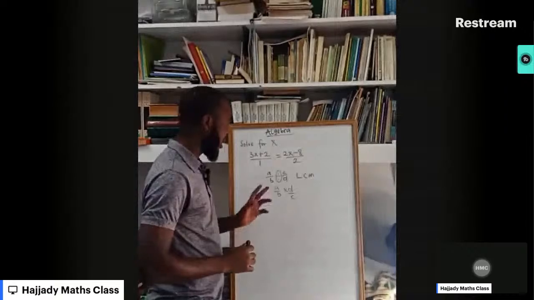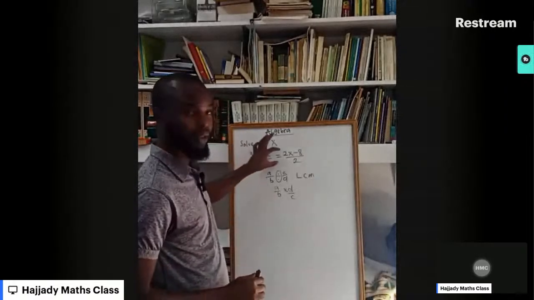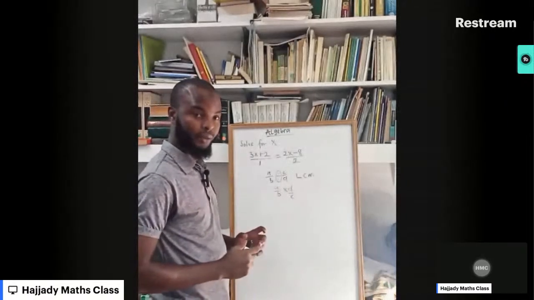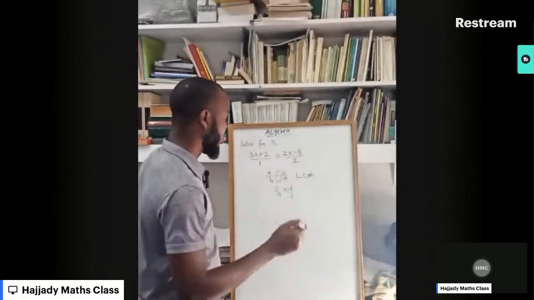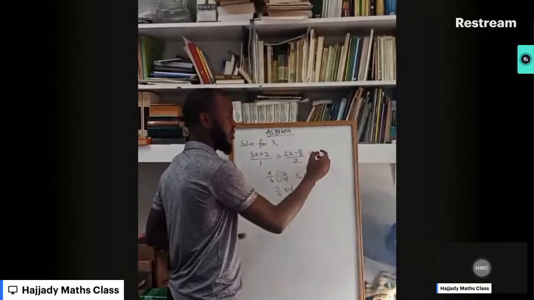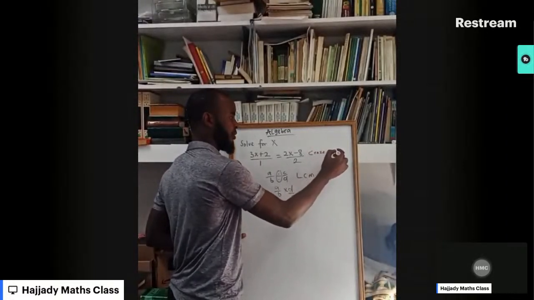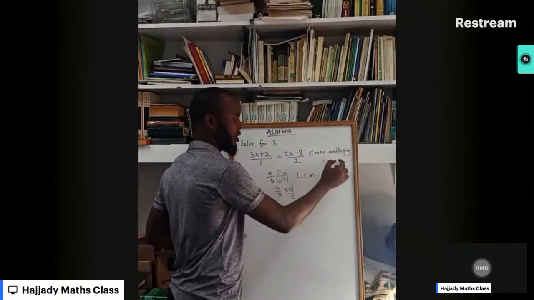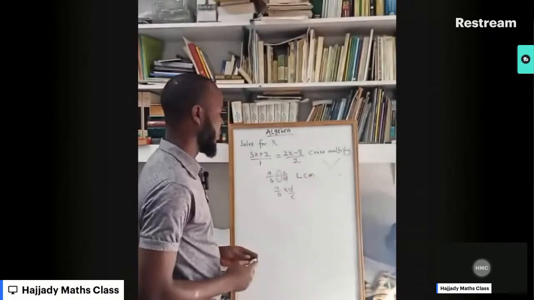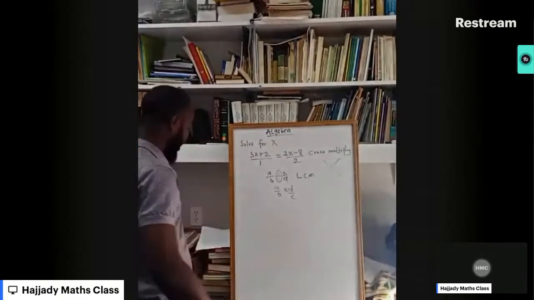Now, the last one is when you have two fractions separated by the equal sign. When you have two fractions separated by the equal sign, the approach to use is known as the cross multiply. If you want to cross multiply, it's just like an X sign. So let me clean this up.